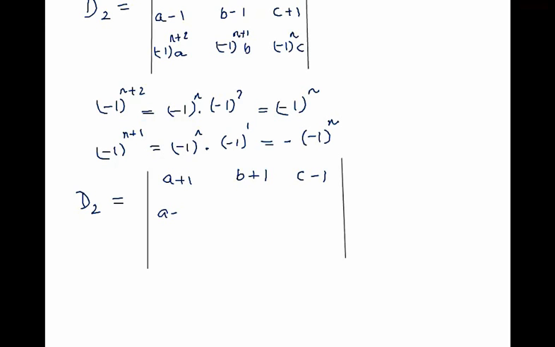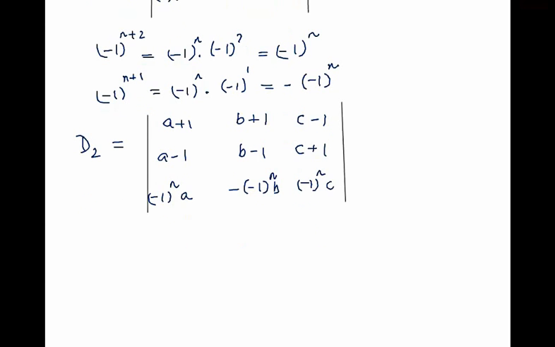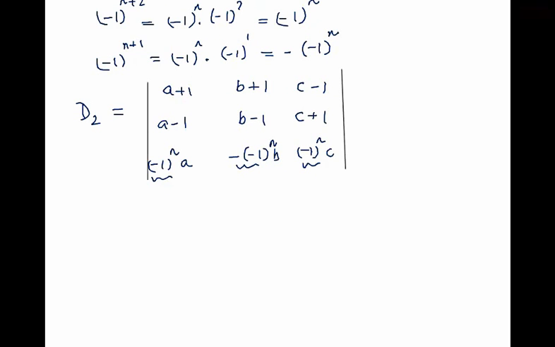The second row is again the same thing, A minus 1, B minus 1, and C plus 1, but the third row will now turn out to be minus 1 to the power n times A, minus of minus 1 to the power n times B, and minus 1 to the power n times C. So we can see that minus 1 to the power n is present in all the terms of the third row. So we will take this thing outside the determinant.